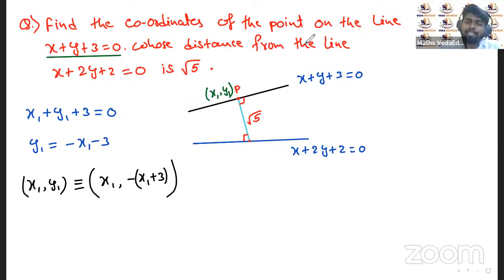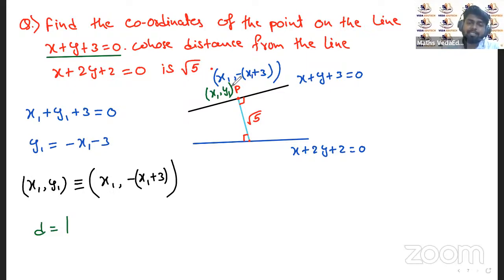For that we have the formula, d equal to modulus of the given point x1 y1, and the equation of this line is given, that is x plus 2y plus 2. Instead of x1 y1, we are going to use this value.